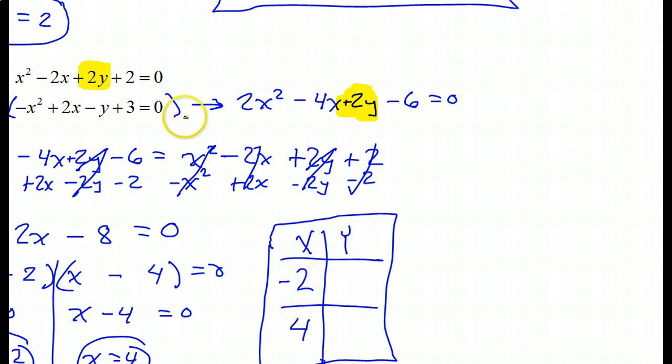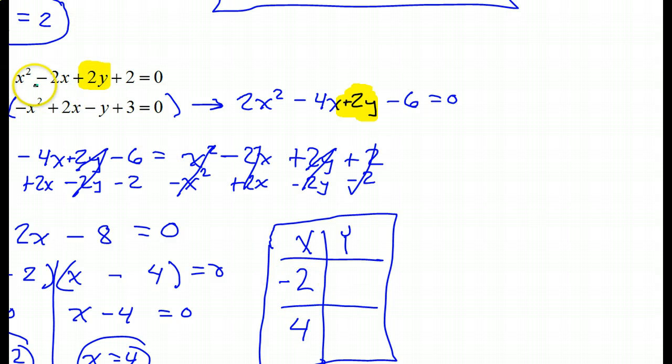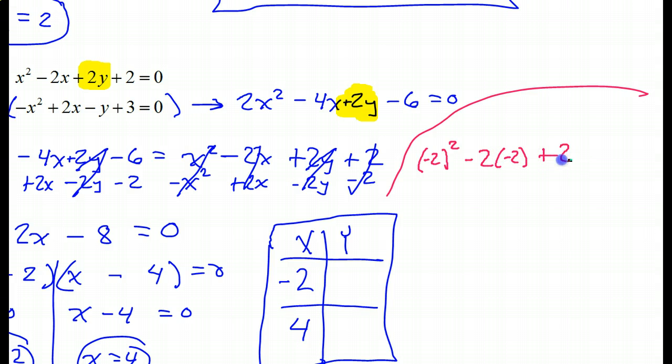So plugging negative 2 into the top equation. Let me change colors. If I put negative 2 in for x, I've got negative 2 squared minus 2 times negative 2, and then plus 2y plus 2 equals 0. I just plugged the negative 2 in for both of these x's. That's going to give me 4 plus 4 plus 2y plus 2 equals 0.